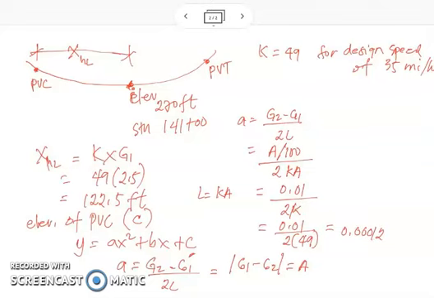And of course, our B is actually equal to G sub 1, and this is equal to negative 2.5. So we have now the value for our B. So therefore, we are going to substitute now to this equation so that we can solve for our elevation. So we can have our elevation of PVC from y is equal to ax squared plus bx plus c. So c is the elevation of PVC.